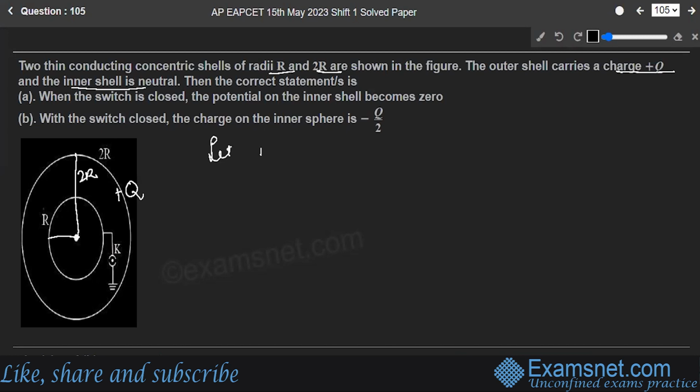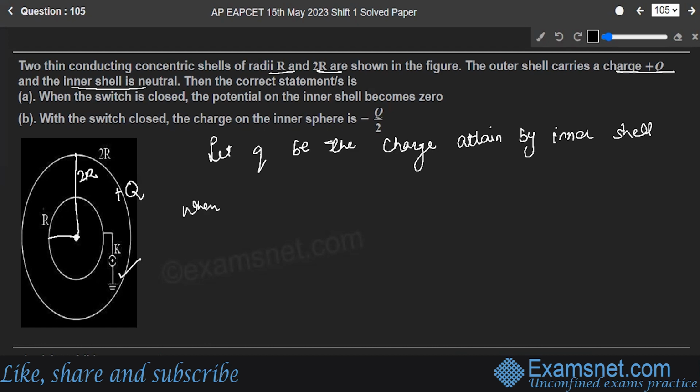Now let's start. Let q be the charge attained by the inner shell. When the switch is connected, the inner shell is earthed, so the potential at any point on the surface is 0.